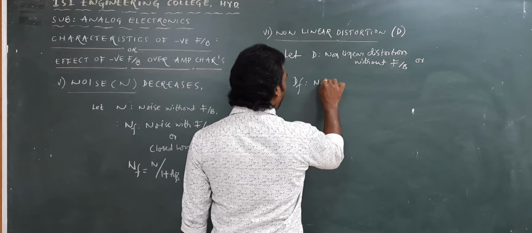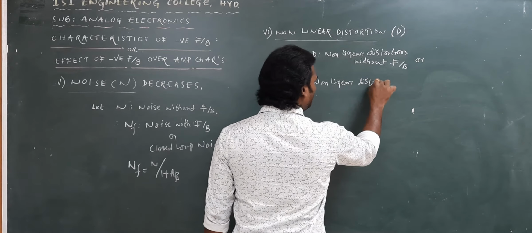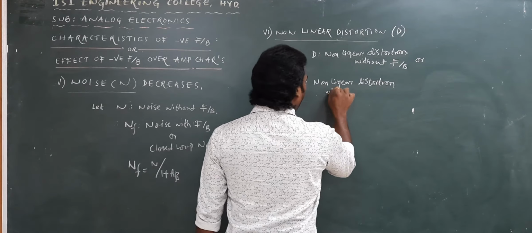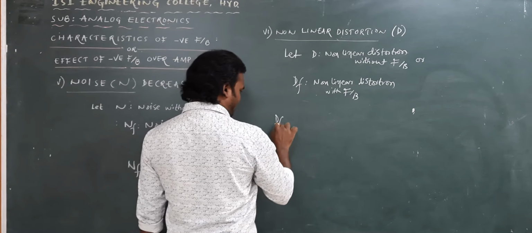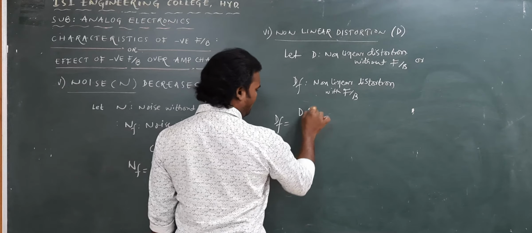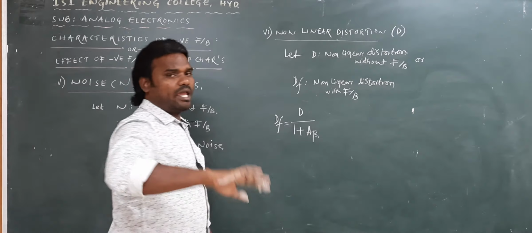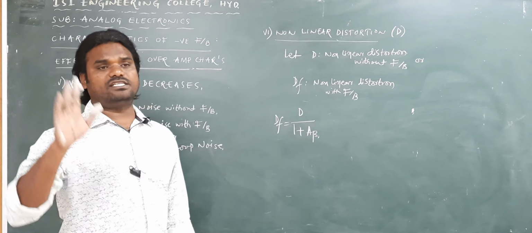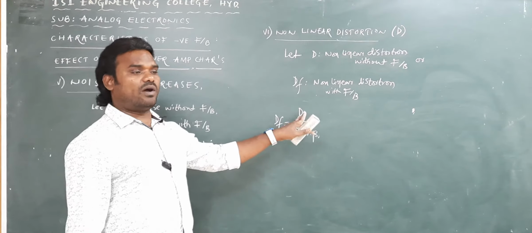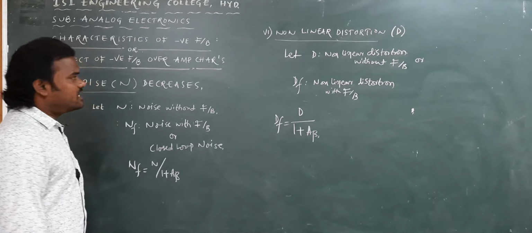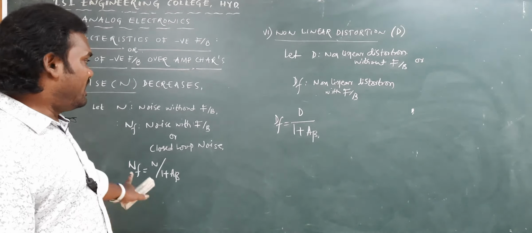Therefore DF is equal to D by 1 plus A beta. That means by employing negative feedback, the distortion is going to decrease by a factor of 1 plus A beta.